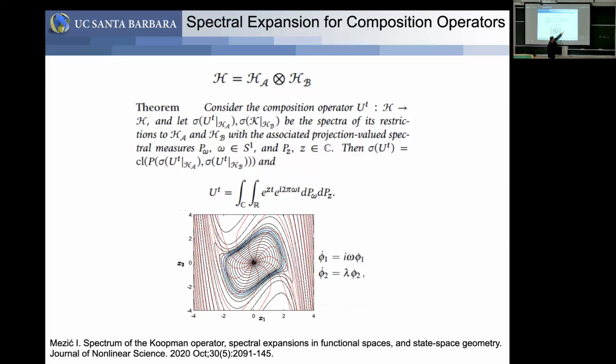One of them is complex with eigenvalue i omega, plus minus, of course. And then the other one has the flow with exponent lambda. So this is linear.